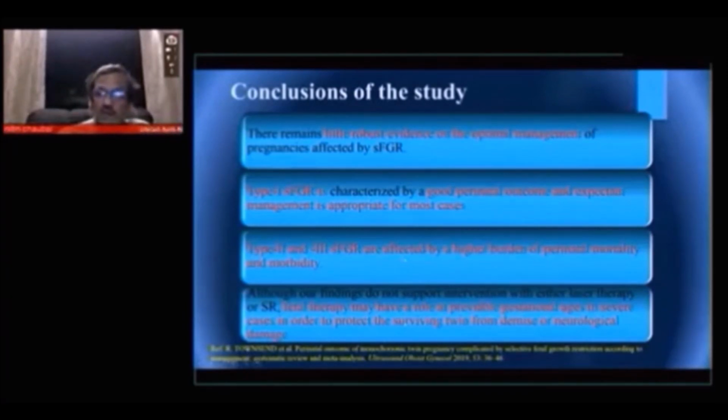And fetal therapy may have a role at pre-viable gestational age in severe cases in order to protect the surviving twin from demise or neurological damage. Though they also say that as of today, they don't directly support therapies like laser or SR. So we have to take everything in the right perspective. But basically, this paper is helping us to take management decisions as well as counseling the patients.